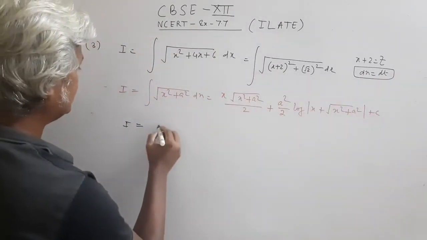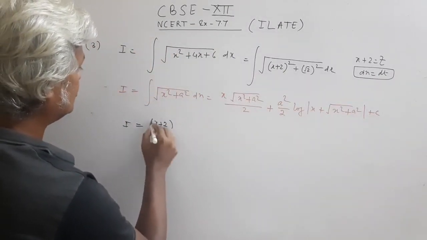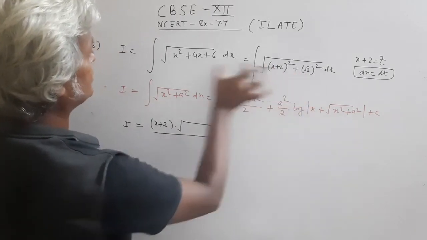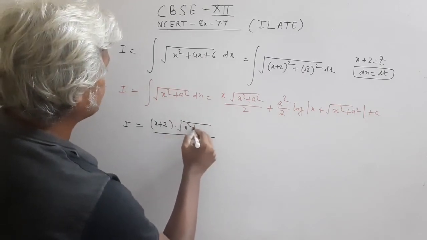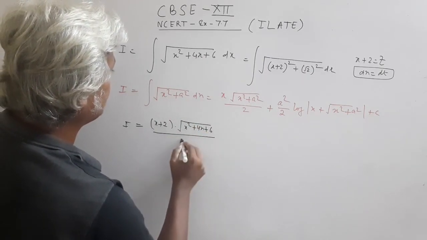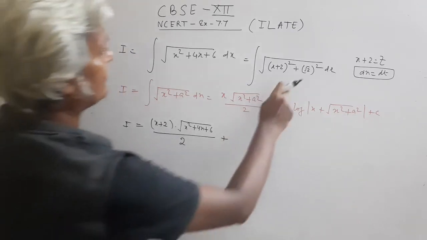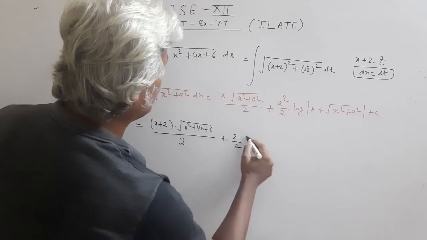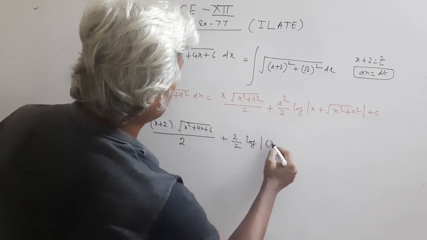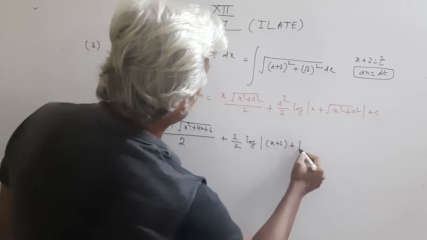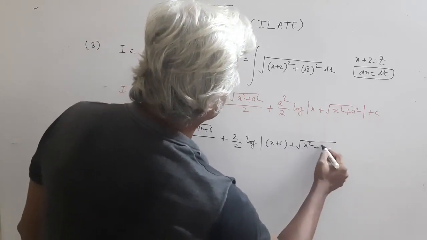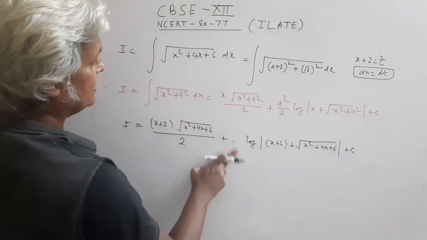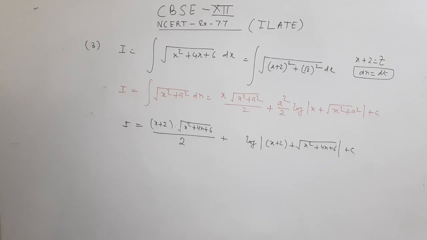So this becomes x plus 2 into under root x square plus 4x plus 6 upon 2, plus a square, which is root 2, so a square is 2, 2 over 2 log mod x plus 2 plus under root x square plus 4x plus 6 plus c. Now 2 by 2 you don't need, this is c. So this is your answer.